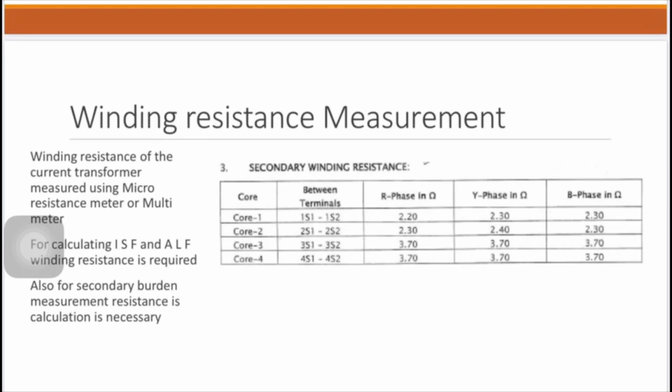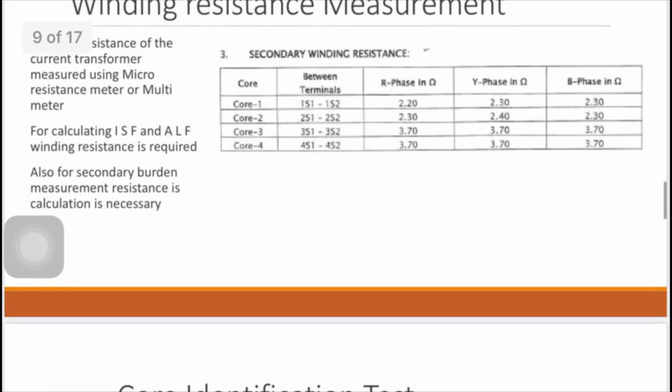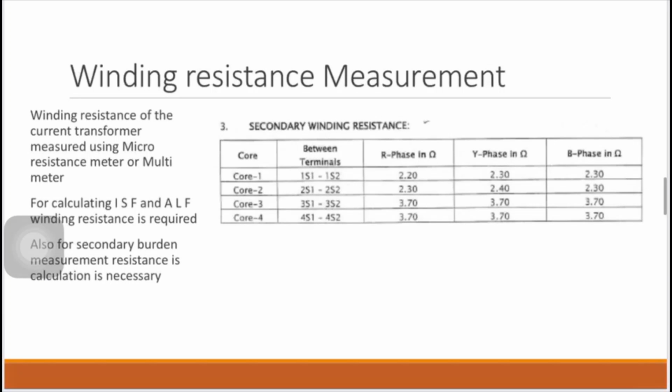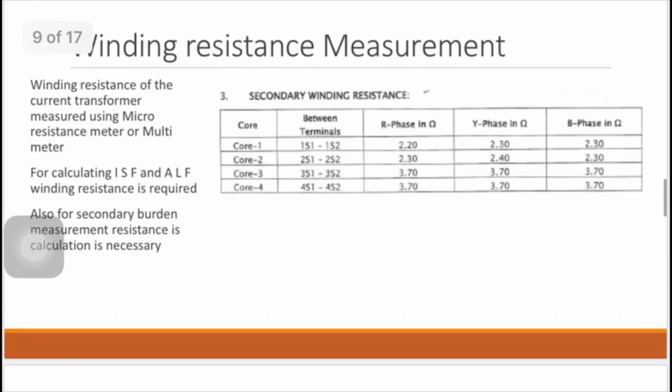The next test is the winding resistance measurement test, the WRM test. It is important to measure the secondary resistance to determine the burden of the CT. The burden is the power consumed by the load on the secondary CT circuit. I will show the calculation further on, to explain why this is required.